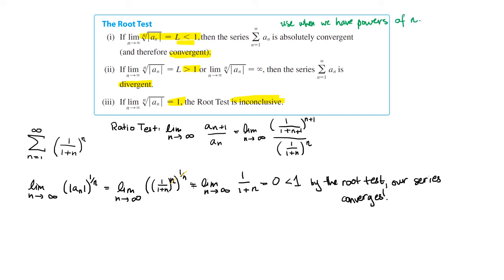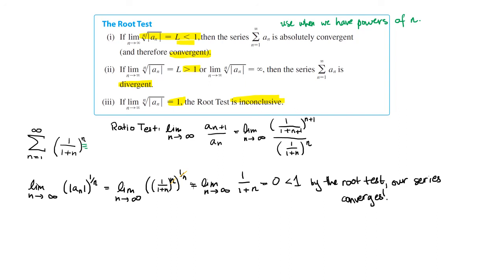I think the root test is a bit more specialized than the ratio test. The ratio test is pretty general purpose. It works in a lot of places. The root test is a little bit less common. So you'll usually start by looking at the ratio test, or if you have lots of nth powers, like here where we have an nth power, oops, I said powers of n.